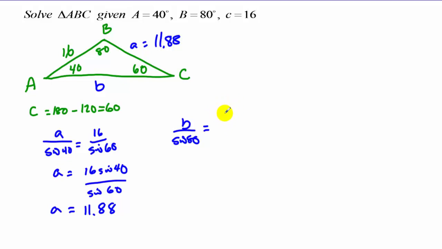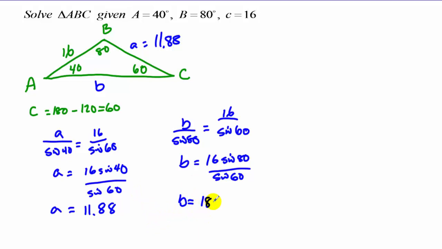So I'll take 16 again over the sine of 60, multiply by that sine of 80 again. I have 16 sine of 80 over the sine of 60 is equal to B, which gives me 18.19. And now I've solved the triangle because I've found all the missing sides and all the missing angles.